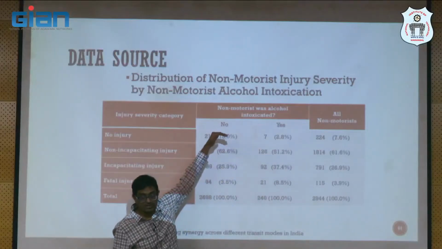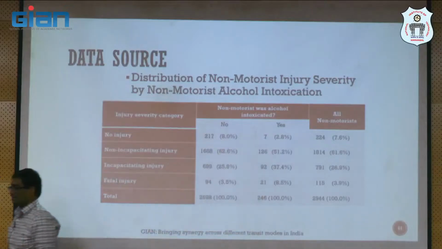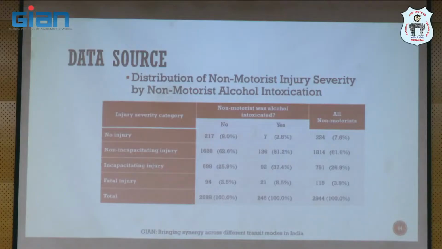So the injury severity spectrum shifts downward. Non-incapacitating means it's not like you lose your leg or hand. It is severe, you broke your hand, but you put on a cast and it will come back to normal. But incapacitating means they had to amputate something. It's basically a much more severe injury.